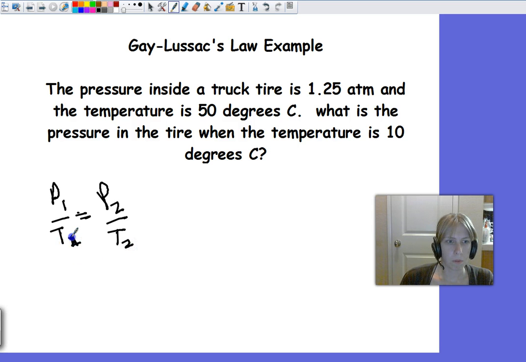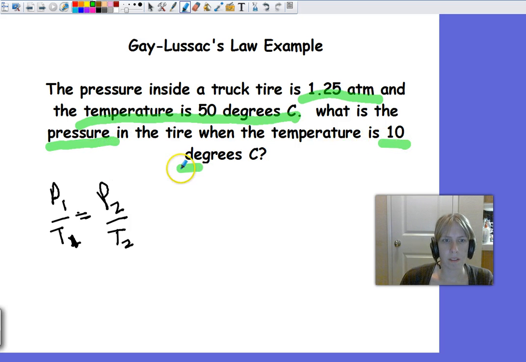Alright, so the pressure inside a truck tire is 1.25 ATM. So here's our pressure initial, and our temperature is 50 degrees Celsius. What is the pressure in the tire when the temperature is 10 degrees Celsius?